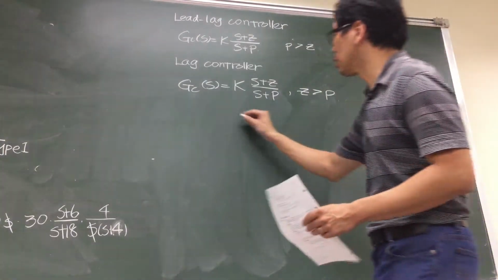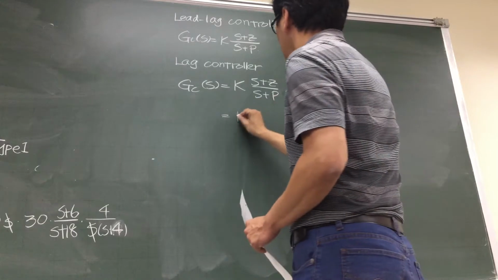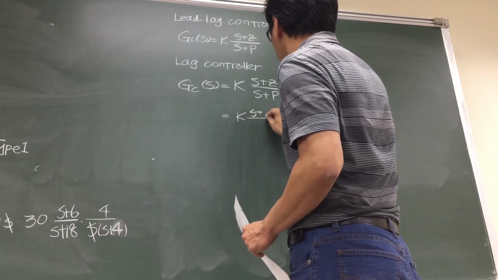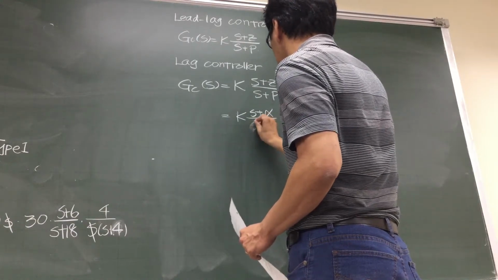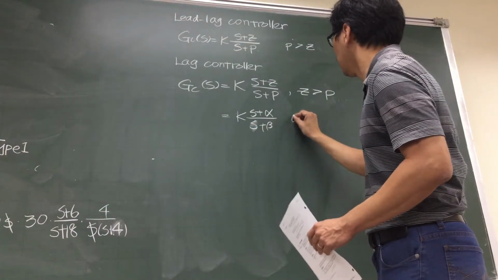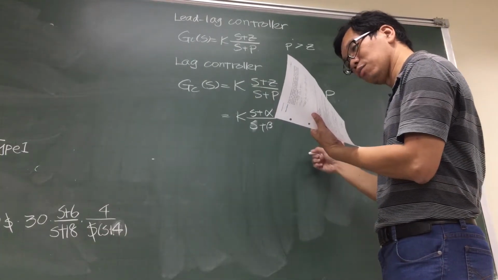Sometimes, if you look at your textbook, you're going to see (s plus beta) over (s plus alpha), or gamma, and alpha is greater than beta. That is the lag controller.